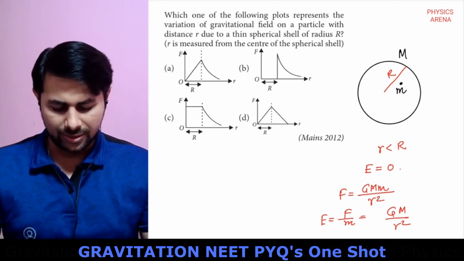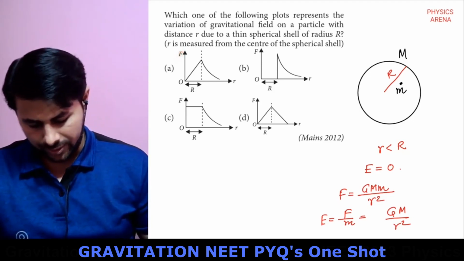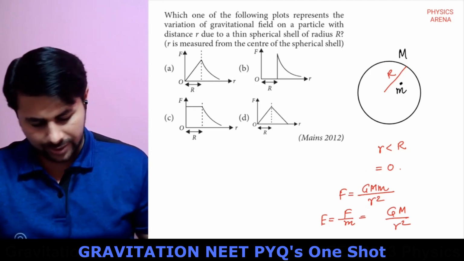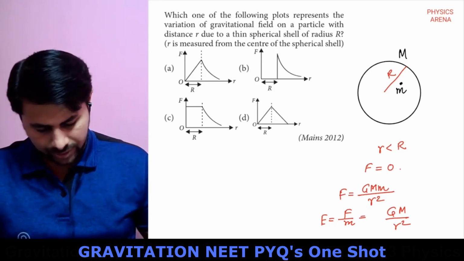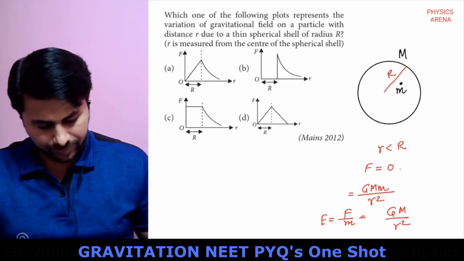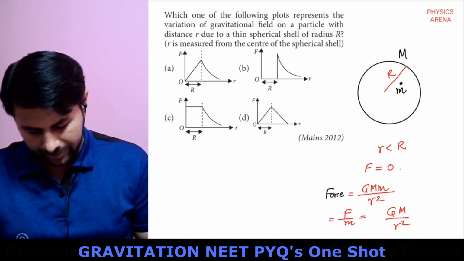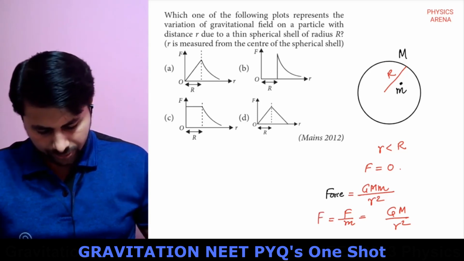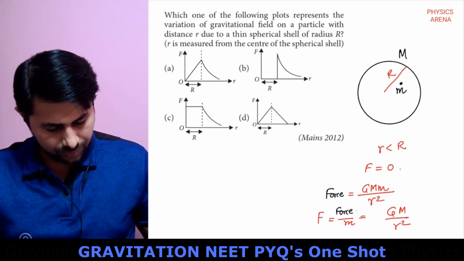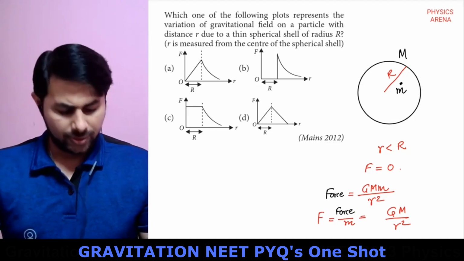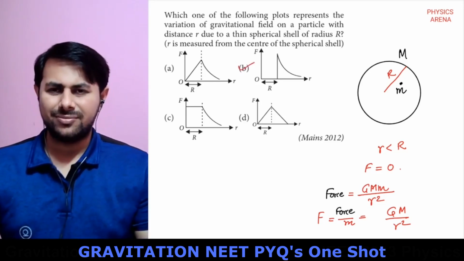Which one is correct? Here the field is denoted by F. Sorry, it's not E, they are denoting it by F. So let's call this F the gravitational force, and field F is equal to this force divided by mass. It doesn't matter, it's option B.